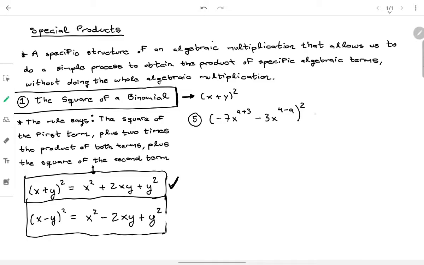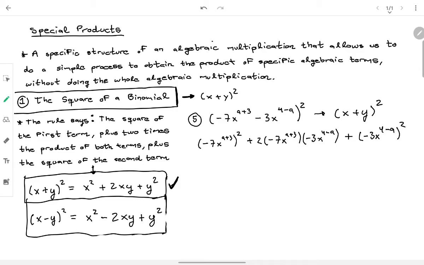So we will apply the rule of (x + y) squared, but using the sign of the specific terms inside the term. So it's going to be the first one squared plus 2 times the first one by the second one plus the second one squared.